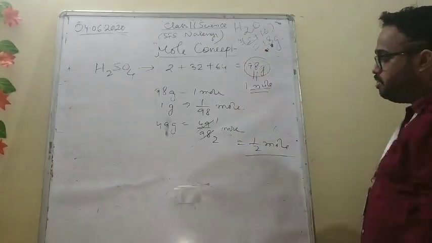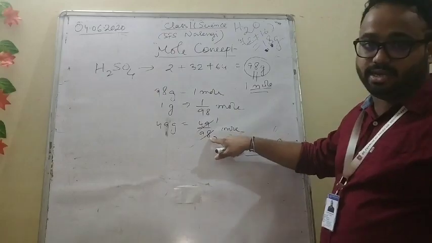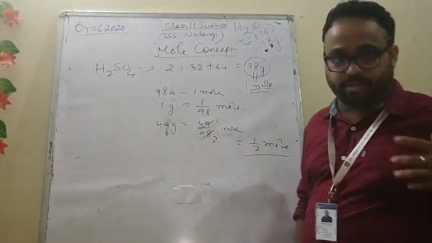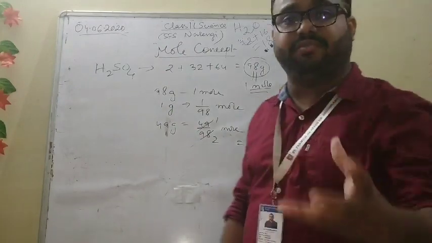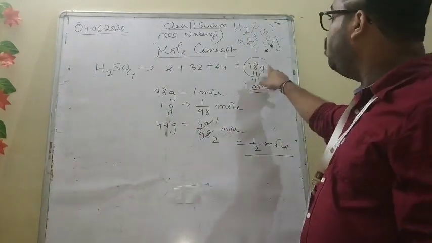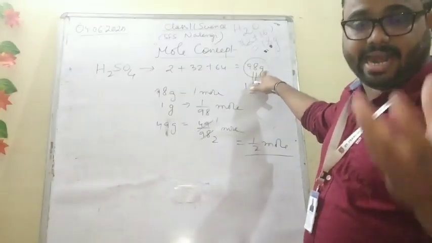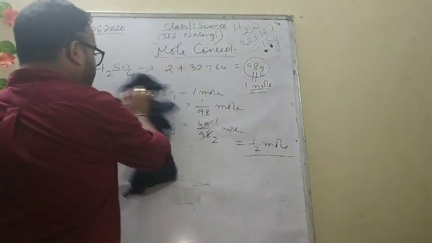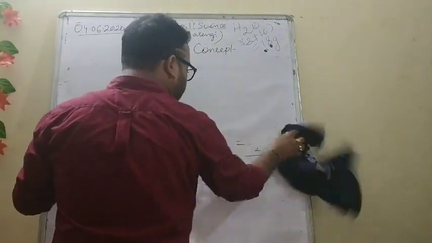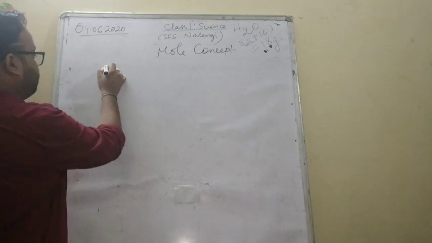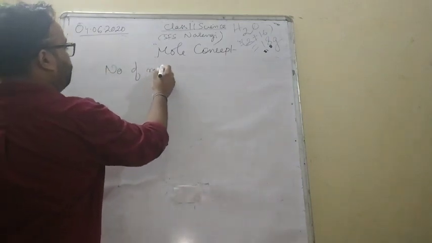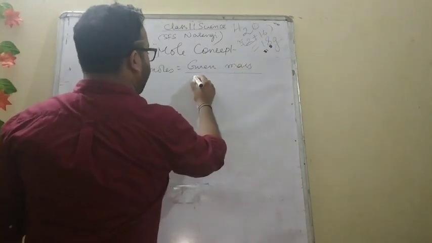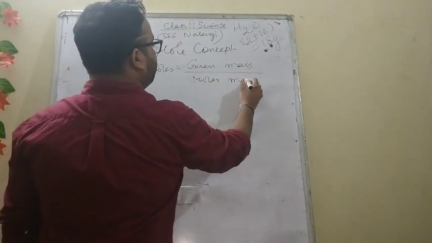So how did I find the number of moles? By 49 by 98. So what is 49? 49 is the mass given to me, and 98 is the molar mass. So my formula comes, which is a very important formula: number of moles equals given mass by molar mass.